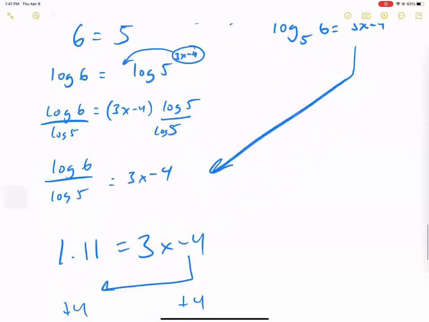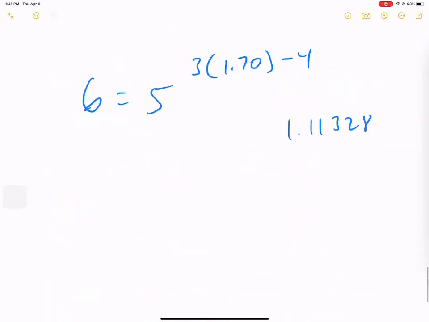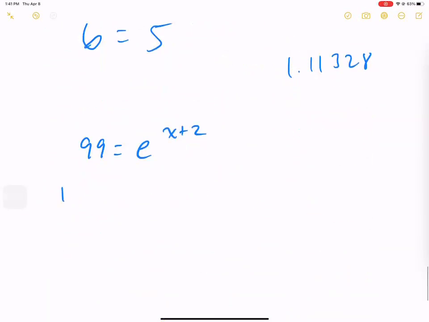Now, what if this was an e problem, which is our next thing that kids get confused about? What if I write 99 equals e to the x plus 2? Remember, e is my base, so we're going to use natural logs here. So I'll use natural log on both sides: natural log of 99 equals natural log of e to the x plus 2. And that's one of the shortcuts.